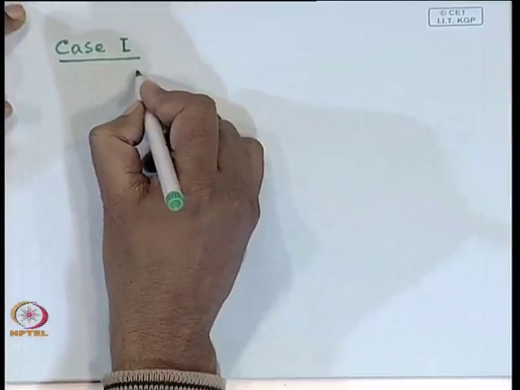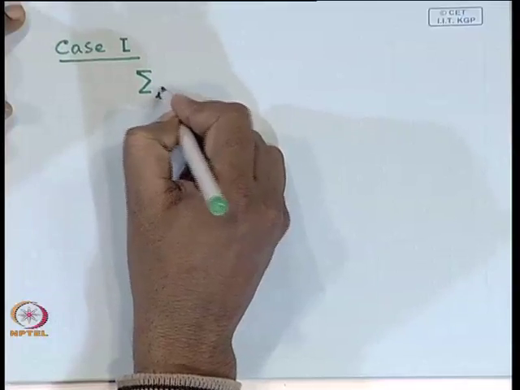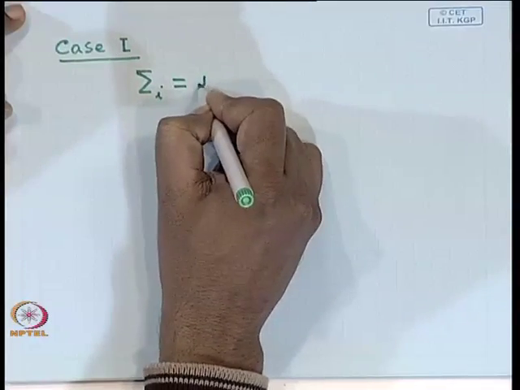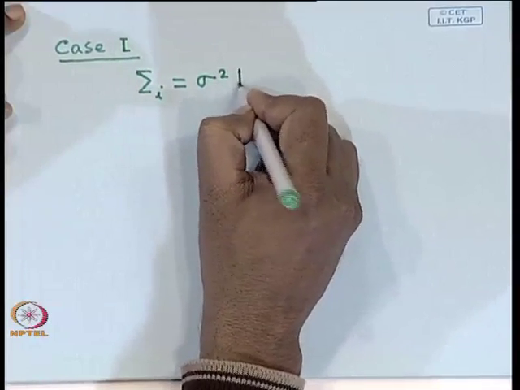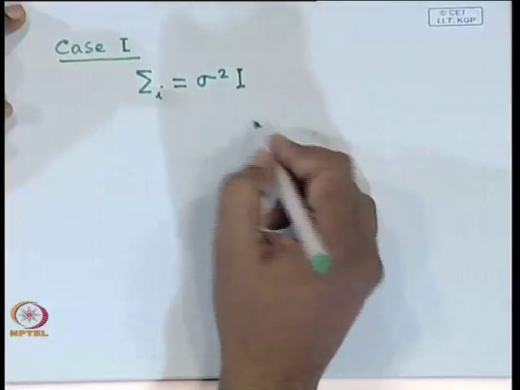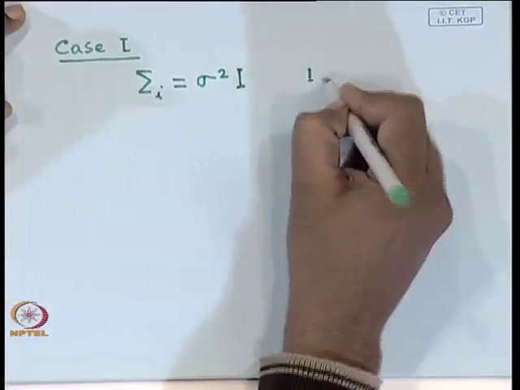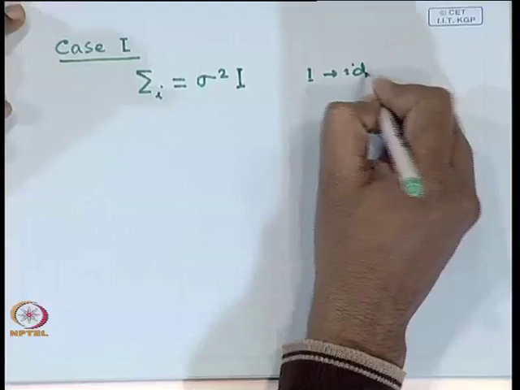when Σ_i, that is the covariance matrix, is of the form σ² I, where this I is nothing but an identity matrix.